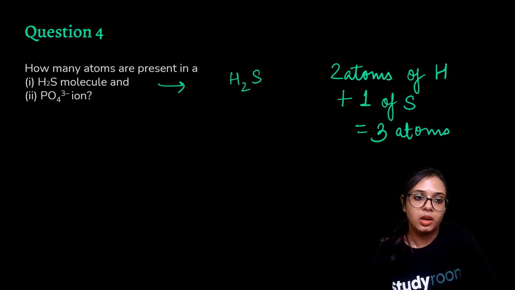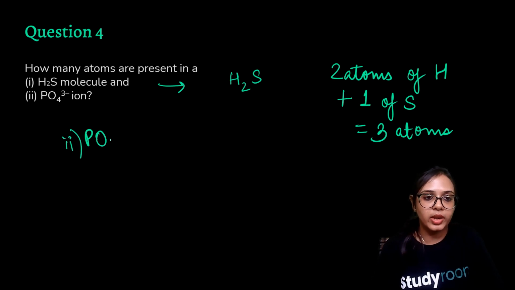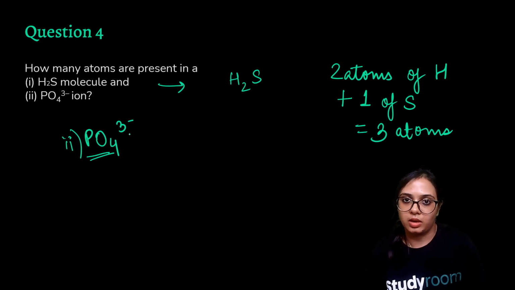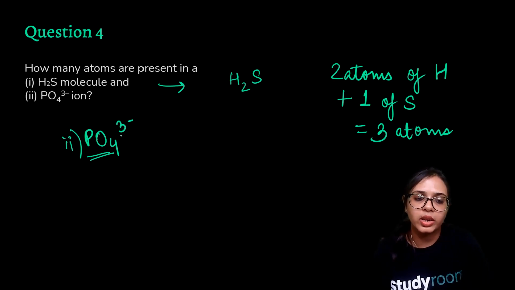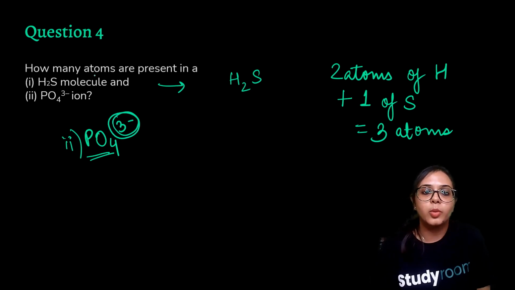An ion is a charged atom, you know that. For phosphate, we will ignore the charge over here because we have to take account of atoms. We are not calculating the valency here. We do not have anything to do with the negative charge that phosphate is carrying, because we only have to calculate the number of atoms.